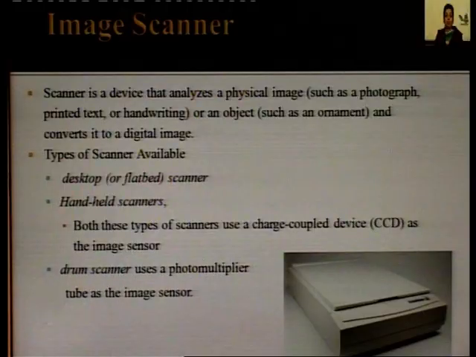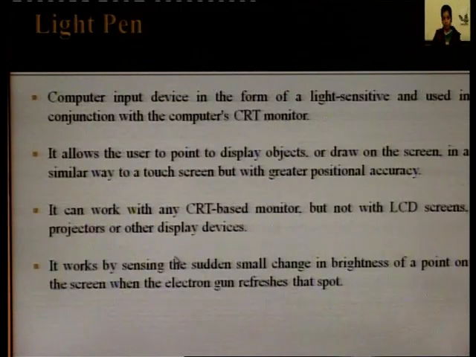Okay. Types of scanners available: desktop or flatbed scanners, handheld scanners. Both these types of scanners use charge coupled devices as the image sensor. A drum scanner uses a photomultiplier tube as the image sensor.